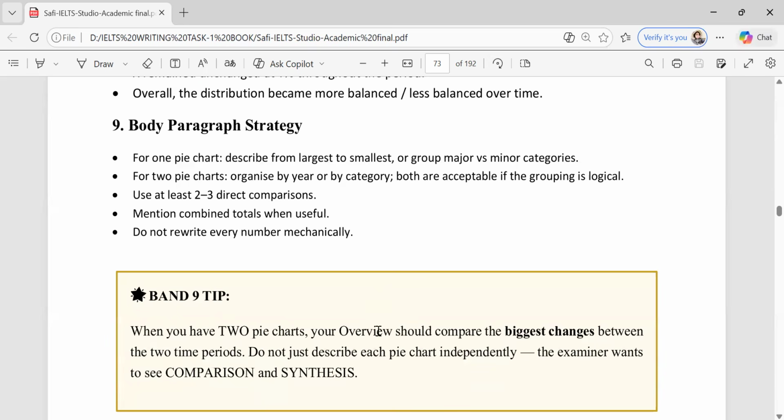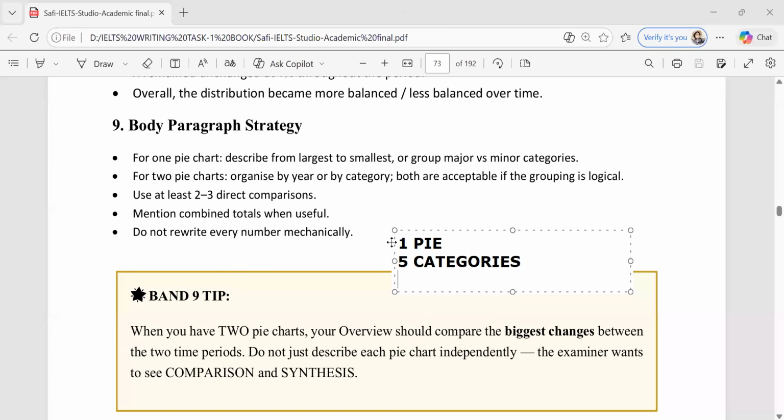And then body paragraph strategies, how we can divide them. This is an important question. For one pie chart, describe from largest to smallest. If there is only one pie chart, and the distribution is among 5 categories, for example, what are we going to do? Write down the highest categories first.